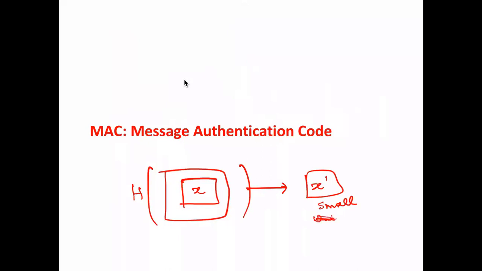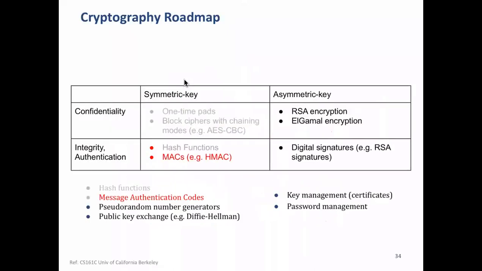Unique, we can't say, because there can be collisions. But given X dash, it's extremely difficult to find out the value of X. So it gives a fingerprint or digest of X. So that we have studied.